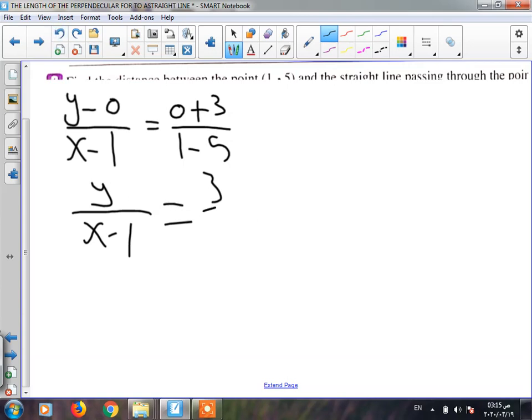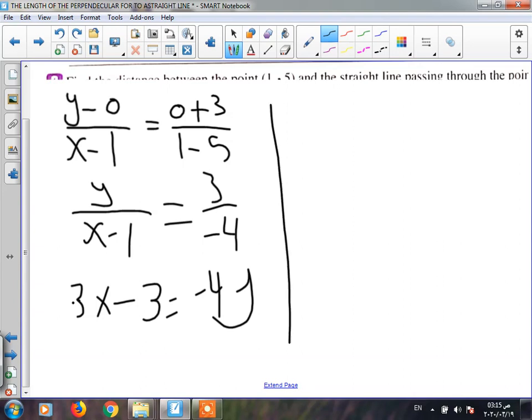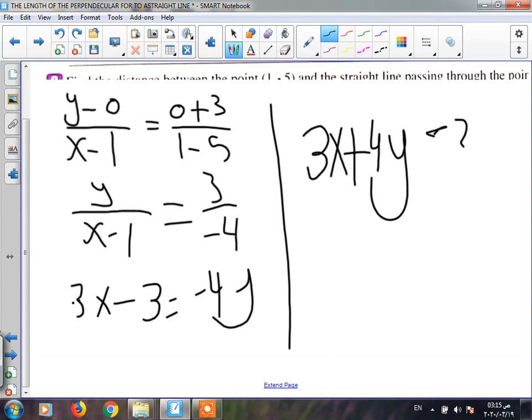Multiply, it will be 3x minus 3 equals negative 4y. Then 3x plus 4y minus 3 equals 0.